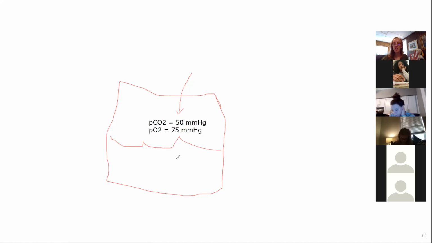But within a few minutes or however long it takes, they're going to equilibrate. And the partial pressure in the water for carbon dioxide is going to be 50 millimeters of mercury, when initially it was 0.